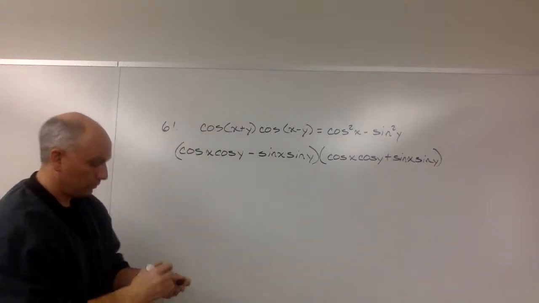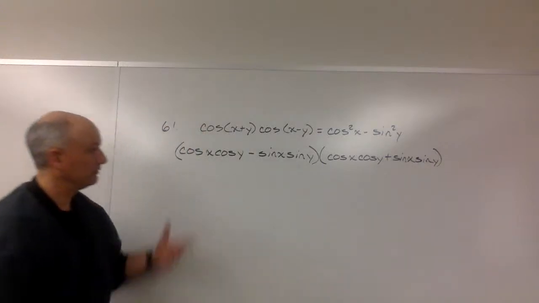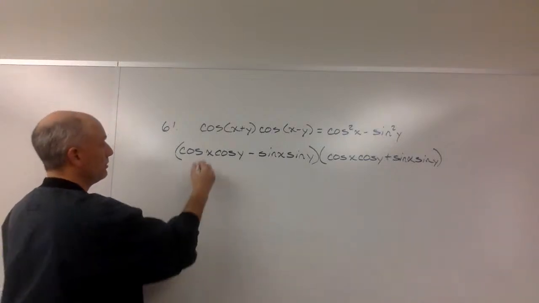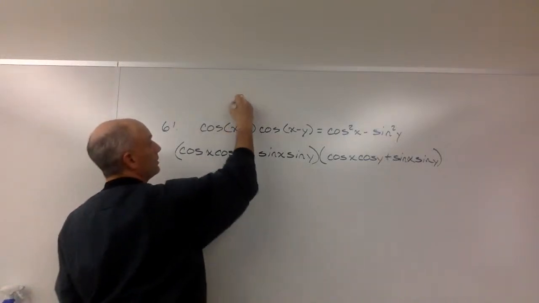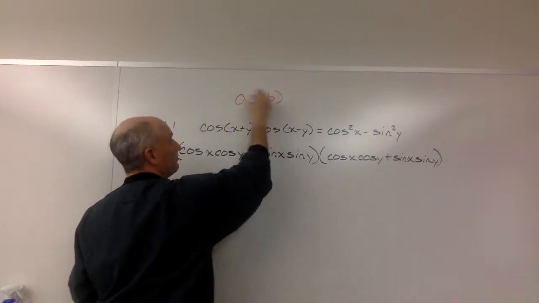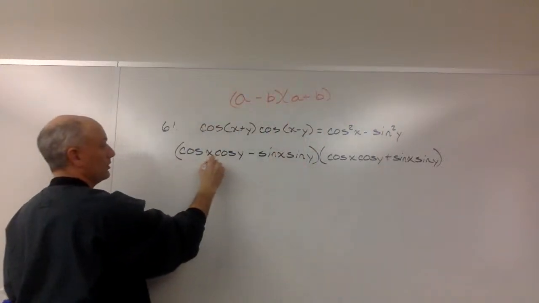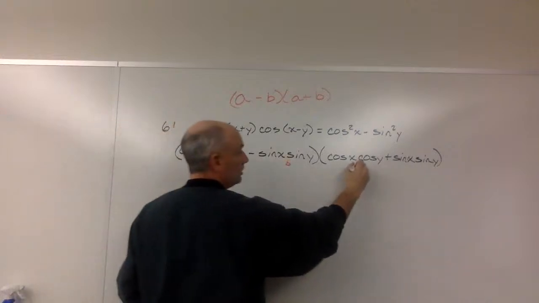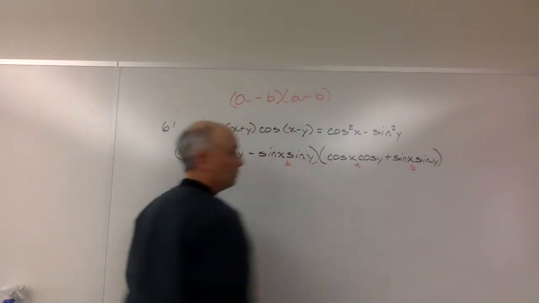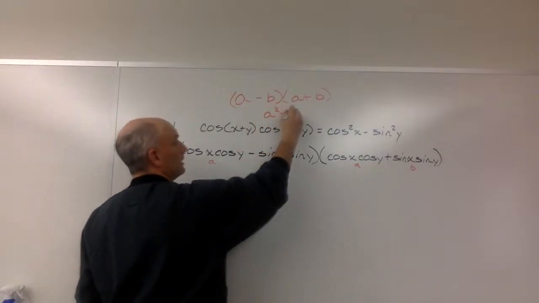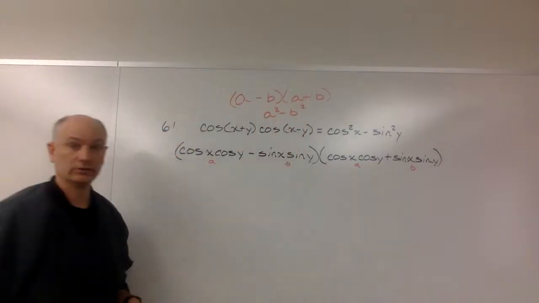So what we need to recognize here, in the first parts, which I'm guessing you're probably okay with, is that we have essentially the difference of squares, a minus b times a plus b, where here's the a, here's the b, here's the a, here's the b. So when they multiply, we're going to get a squared minus b squared.